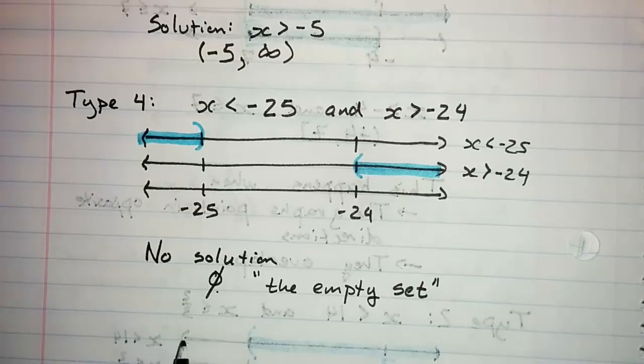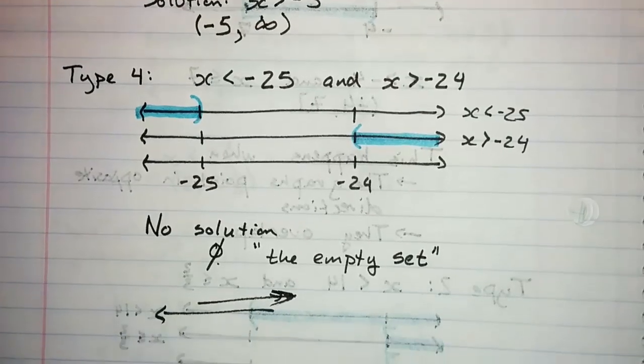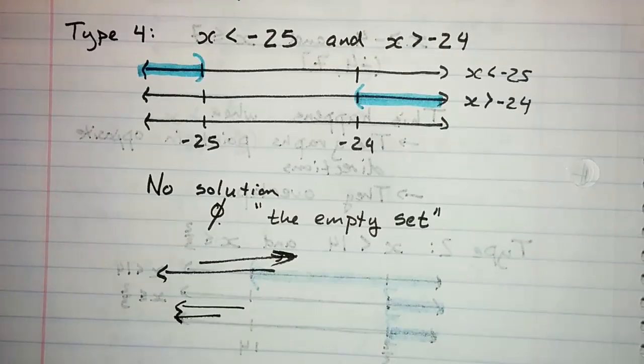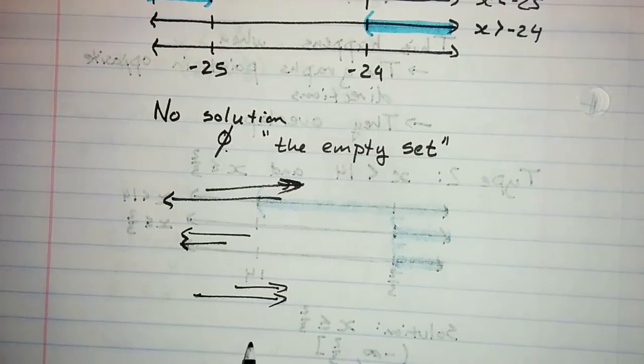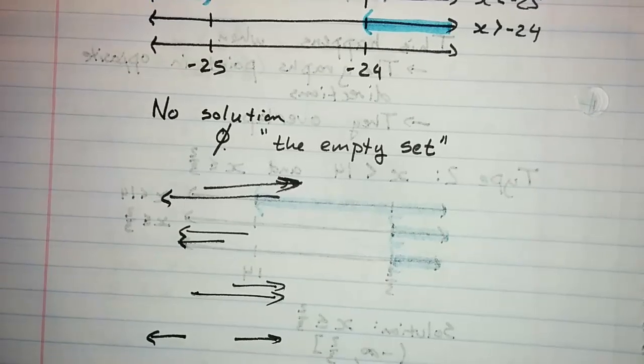So these four pictures, arrows in opposite directions that overlap, arrows that both point to the left, arrows that both point to the right, and arrows that point in opposite directions that don't overlap, right?